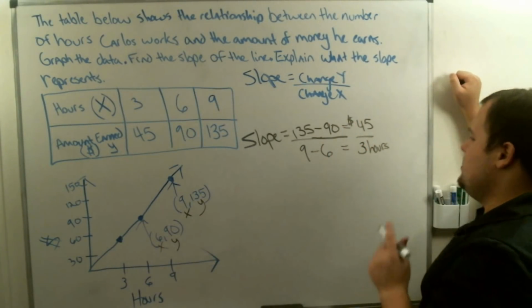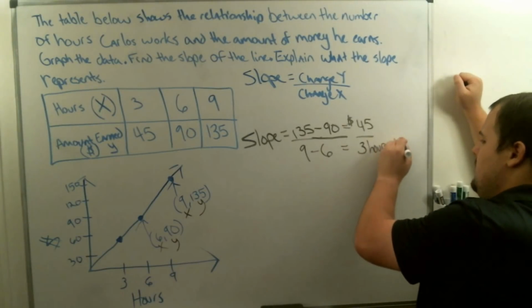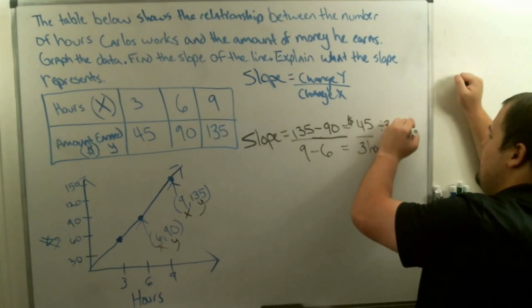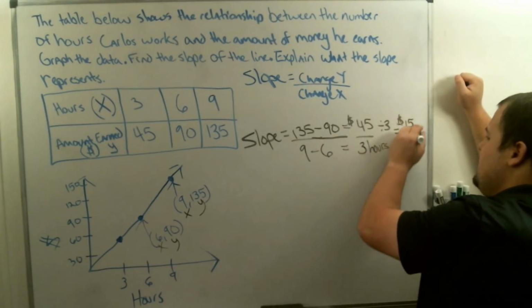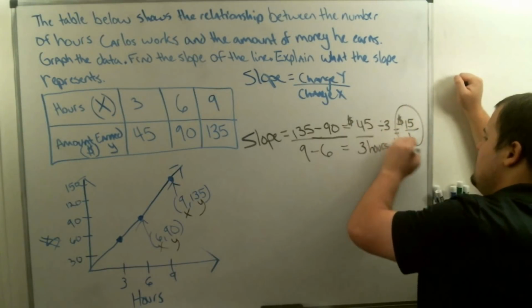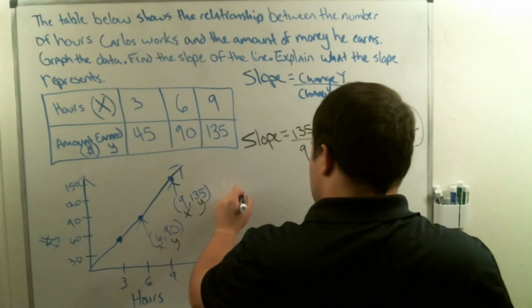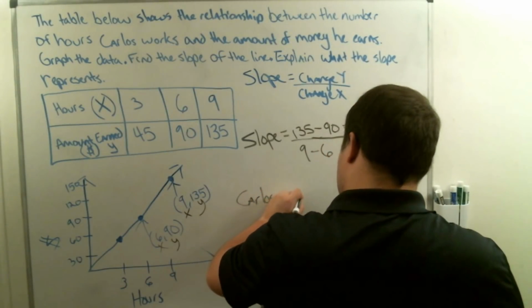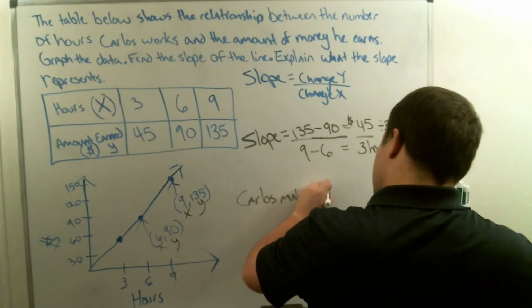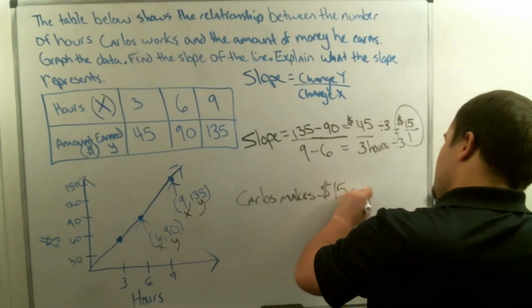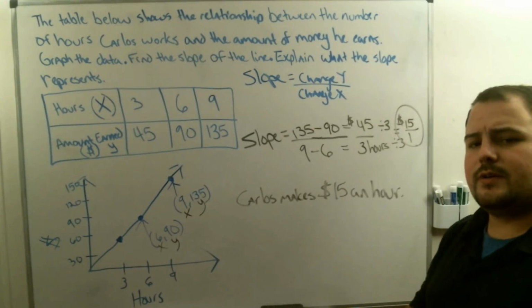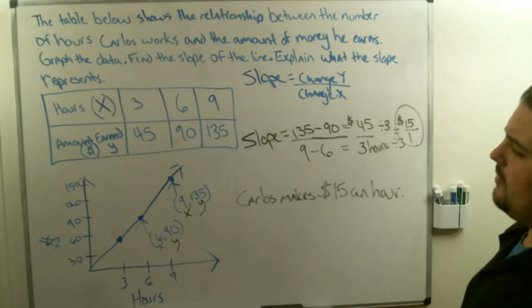Let's go ahead and change this to unit rate by dividing by 3 on bottom, dividing by 3 on top. 45 divided by 3 is 15. 3 divided by 3 is 1. So our slope tells us that Carlos makes $15 an hour.